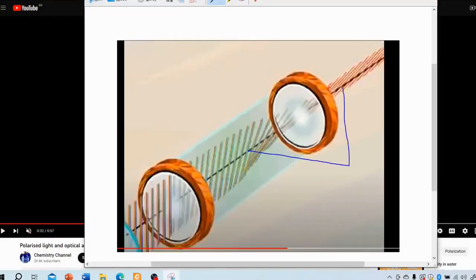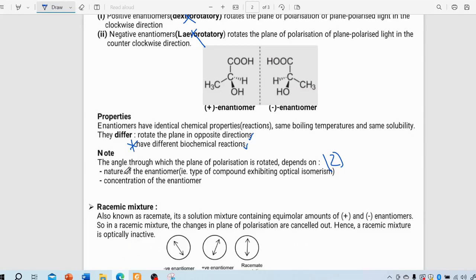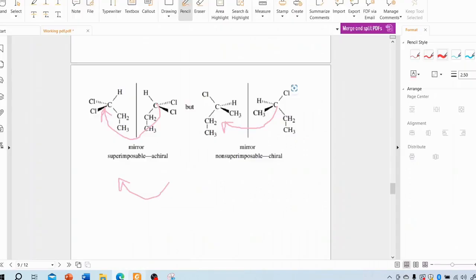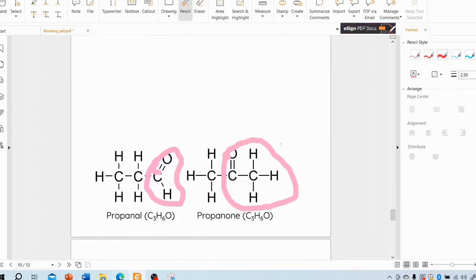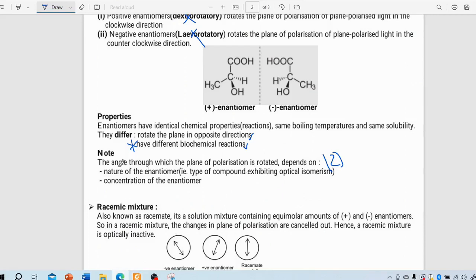This angle depends on two things. The first is the nature of the enantiomer, i.e. the type of compound exhibiting the optical isomer. So whether this or this compound, which compound is exhibiting optical isomerism, that determines the angle.